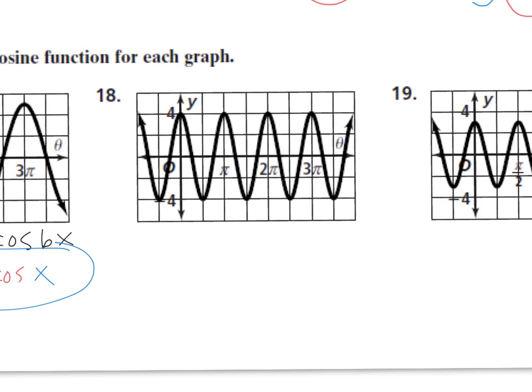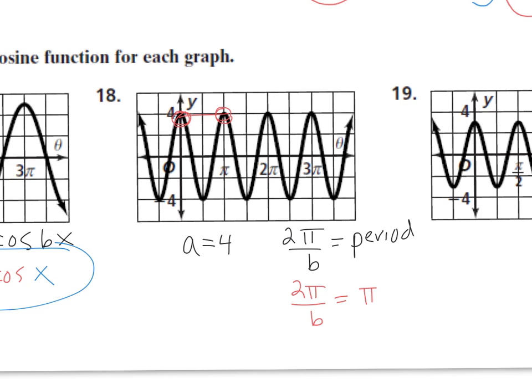So here my amplitude is 4. And then it's 2 pi divided by b equals the period. And my period is looking like from here to here. So the period is pi units. So this means that 2 pi over b equals pi.